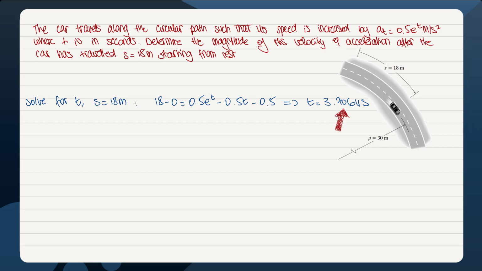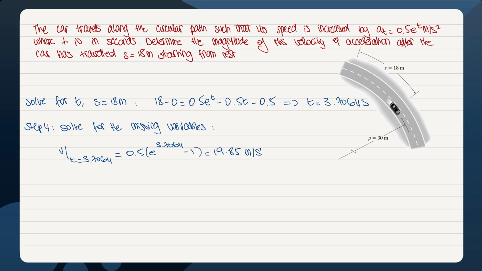So we have solved for t, and we have an expression for v as a function of time. We can replace the time with 3.7064 to get the value of v at the instant where the car crosses 18 meters. We get v = 19.85 meters per second. Now we can get the value of an at that instant by replacing in an = v squared over rho.